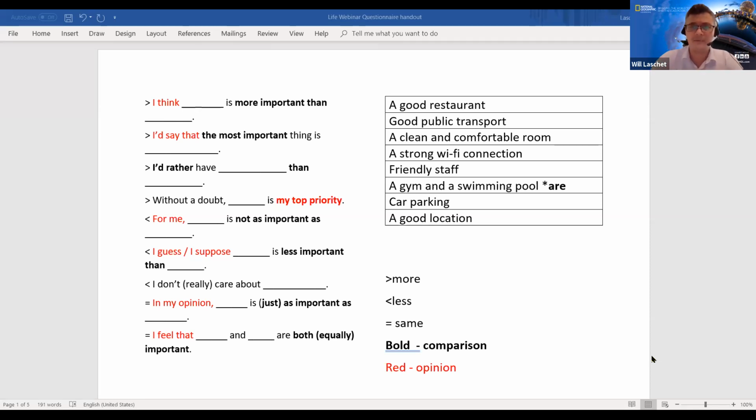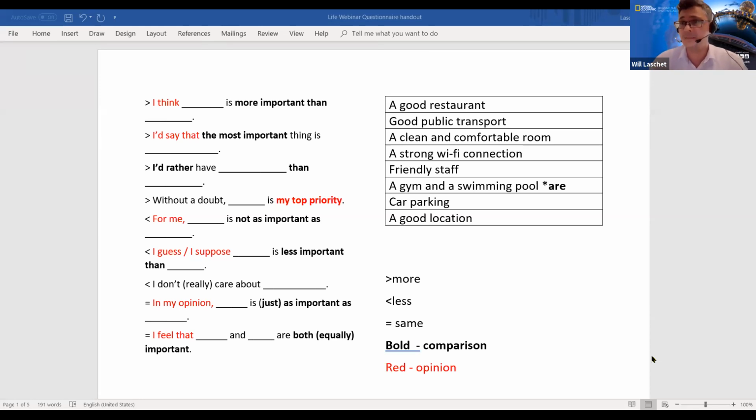And this is really important, because if we just say to our students, I want you to compare these things, at elementary level they're going to struggle to do that, and they're not really going to come up with a lot of good sentences on their own. We can of course let them try first.